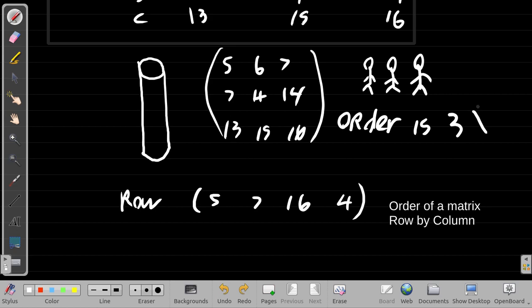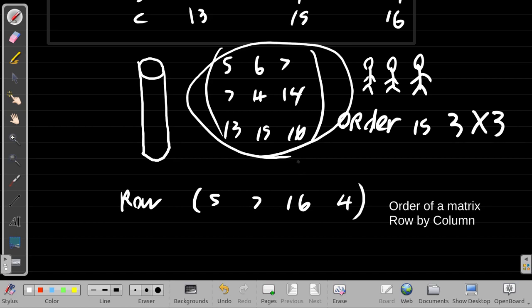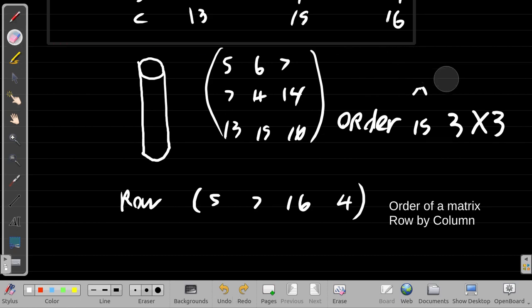So it's 3 by 3. You say this right here is a 3 by 3 matrix. You see that?